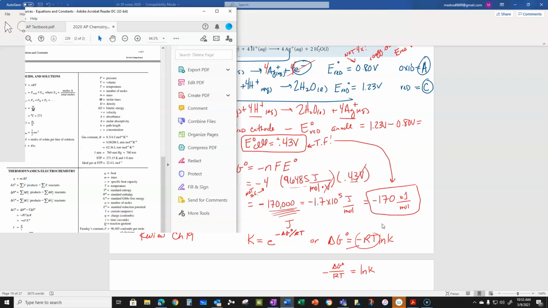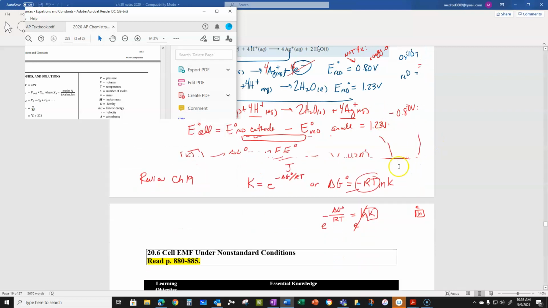If you notice your natural log button, there's an e right above it. So you have to take e to both sides, and that's how the natural log cancels out. And now you have K. All right, just showing you how to derive it. Like Fisher says, derive it or drive it, I don't know, one of those.